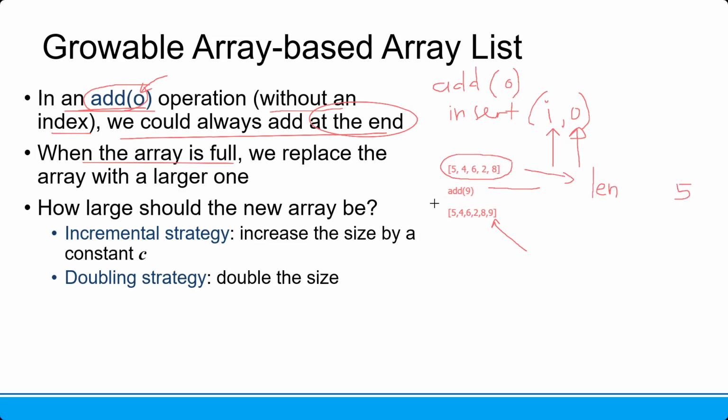When we want to add a new element, it means the array should be extended. So the length should not be 5, but the length should be increased by 1. After we add length plus 1, then we can add this element. So this is the meaning of replacing the array with a larger one.